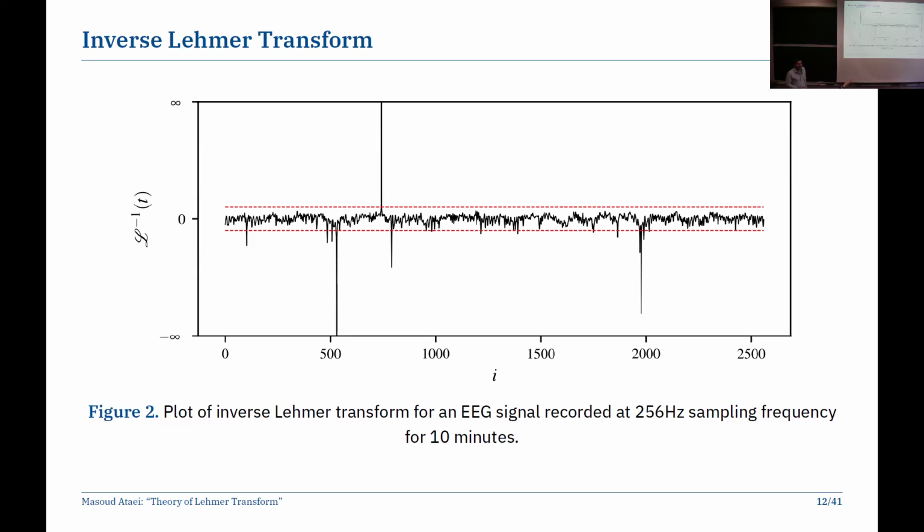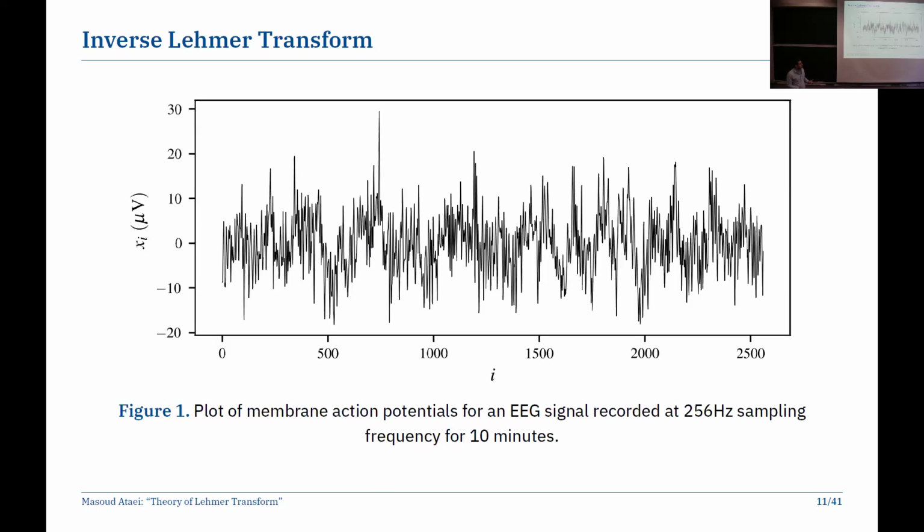So when the inverse hits either negative or positive infinity. Yeah, the inverse actually helps us to determine the spikes. Now, these spikes could be very subtle. Like we see a spike around 700 or 600, which shows the maximum of the signal.